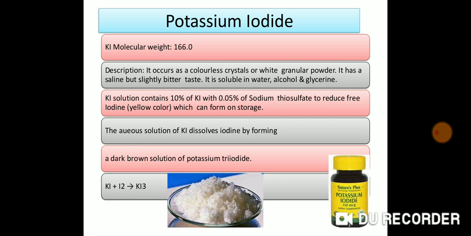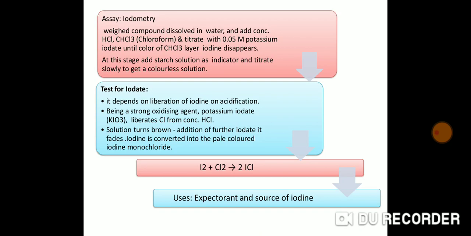The aqueous solution of potassium iodide dissolves iodine, forming a dark brown solution of potassium triiodide, as given in the reaction below: KI plus iodine gives KI3. Assay: potassium iodide is assayed by the iodometric method.